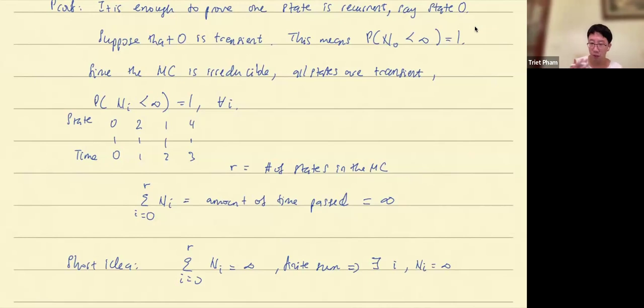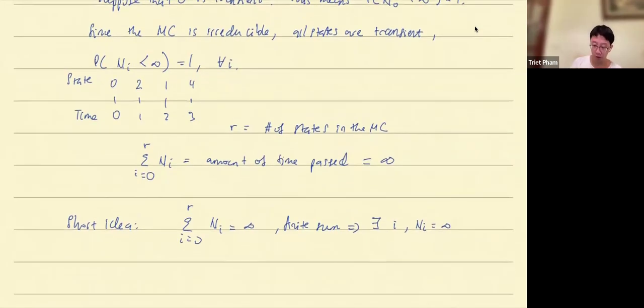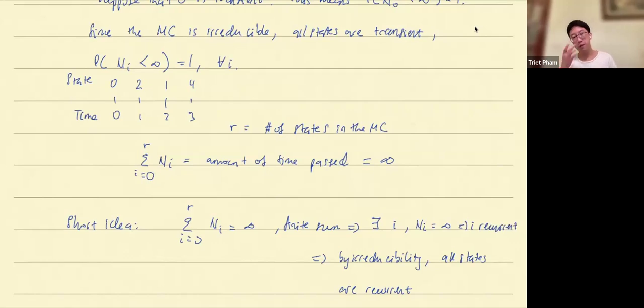But then by communication, or by irreducibility, all states are recurrent. This means i is recurrent. So that's a short proof.